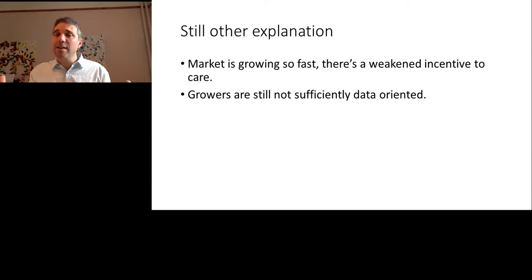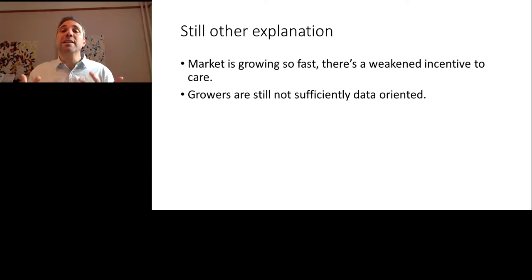I mean, maybe they optimize their space, but it's not like they're collecting data and thinking about what genetics they're using and what light spectrum they're using and how that's going to impact the right allocation of space. It's more like, it's $7 a gram today. 6 months from now, it might be $5 a gram. Let's just produce. It's not like a lettuce farmer whose margins are so thin, they have to think about every way they can possibly add another gram per unit of space.